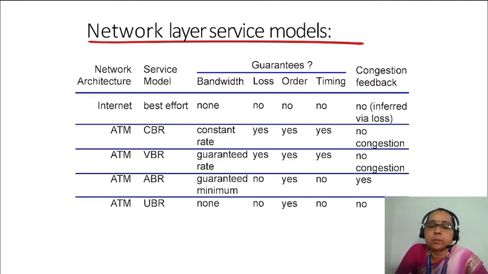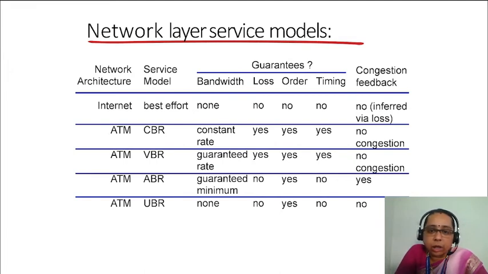With constant rate, the bandwidth is constant. For ATM using VBR, the guaranteed rate will be high, and the guaranteed rate is minimum with ABR. These are some of the criteria based on which type of network we are using.